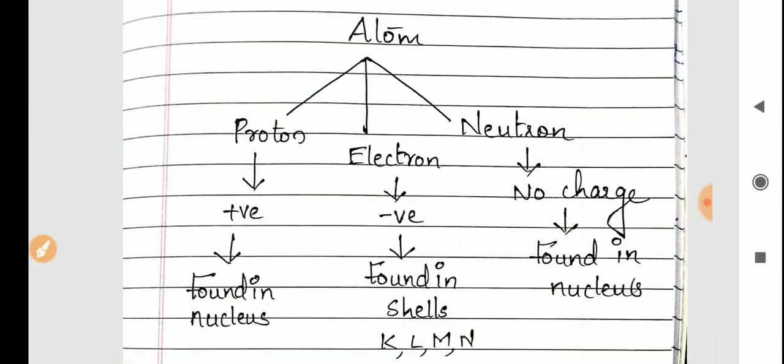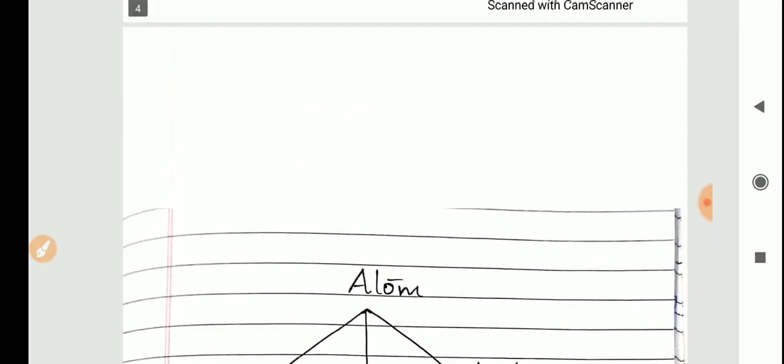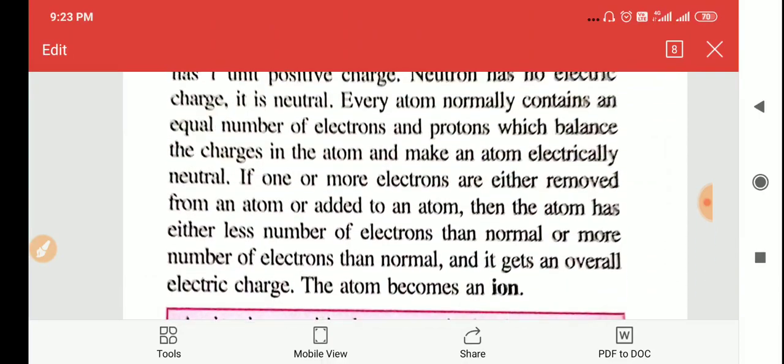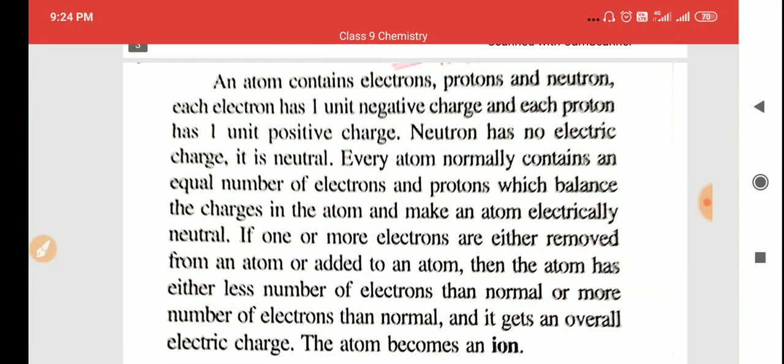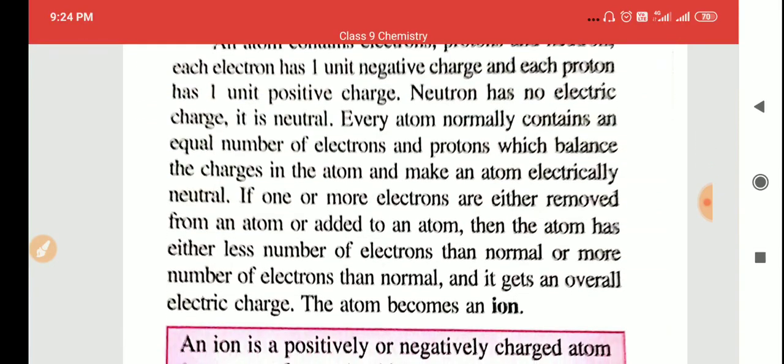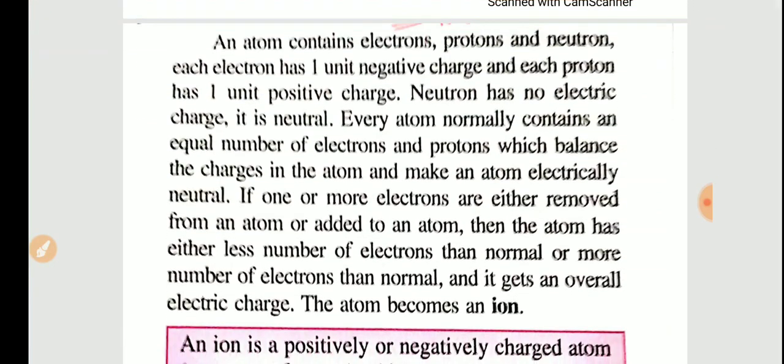An atom contains three parts, that is proton, electron and neutron. Proton always has positive charge, electron always has negative charge and neutron does not contain any charge. So you see here, an atom contains electron, proton and neutron. Each electron has one unit negative charge, each proton has one unit positive charge. Neutron has no electric charge, that means neutron is neutral.